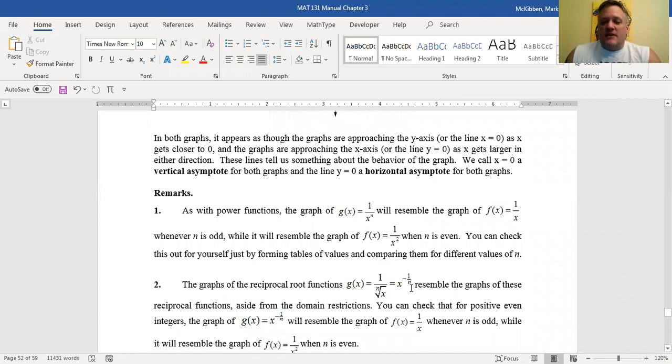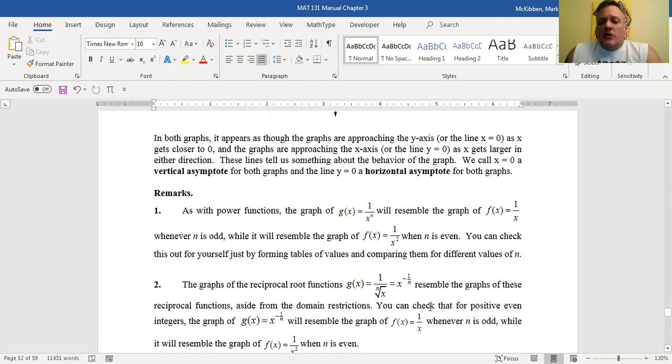This is just saying, as we mentioned before, that we only looked at two things. If you considered 1 over x to the 4th or 1 over x to the 6th, the graph will resemble 1 over x squared for the same reason that x squared, x to the 4th, and x to the 6th resembled each other. And the same for the odds. So we totally expect that to occur because you're using the same functions here, you're just taking the reciprocals.